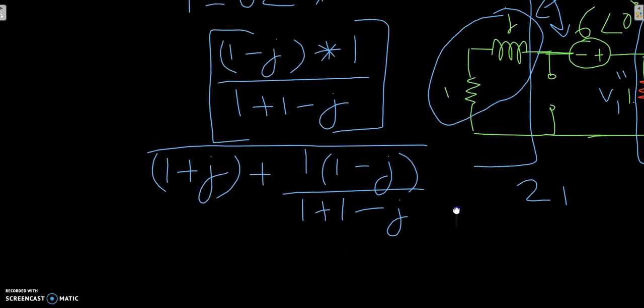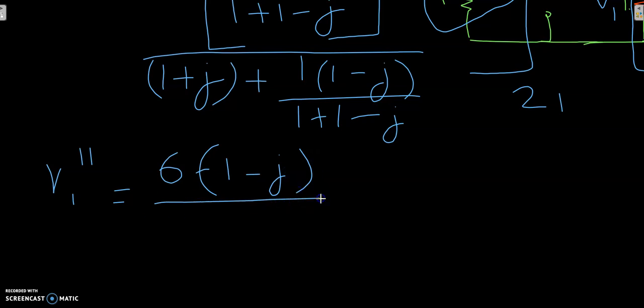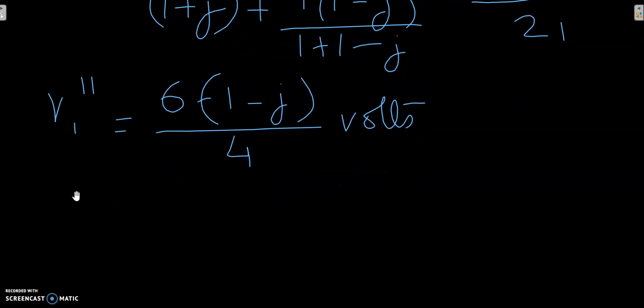Okay, so if I try to reduce this expression, I would get V1 double dash equal to 6 into (1 minus j) divided by 4 volts. And then what about I naught double dash?